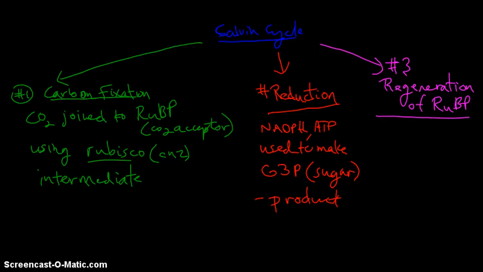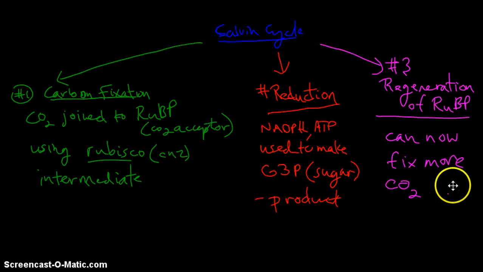Now, when this is done using power from ATP, this molecule can now fix more carbon dioxide from the atmosphere. So the cycle continues. So you can take what we cover here and look at the diagram that you just completed and see how the Calvin cycle basically is comprised of 3 individual steps.